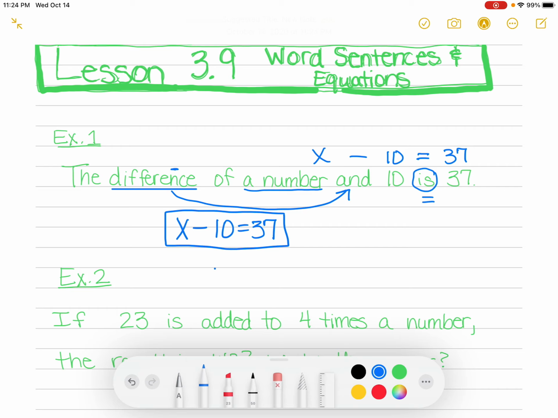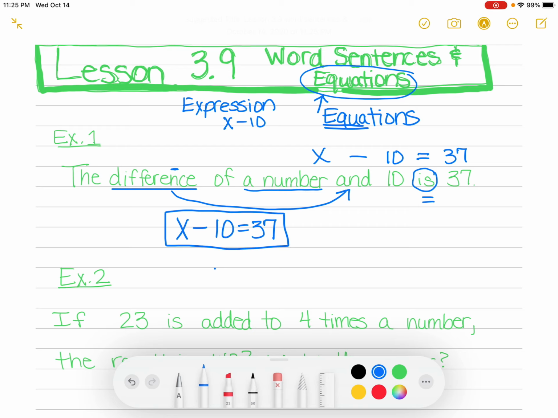Okay, so maybe I should have gone back up and explained. We are doing equations now, and those are different than expressions. Before, an expression would be something like the difference of a number and 10, and we would just write it like that. But now we're doing equations, and the key part of equations, or if somebody says write an equation, is that first part, E-Q-U-A.